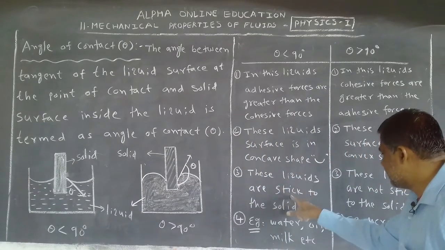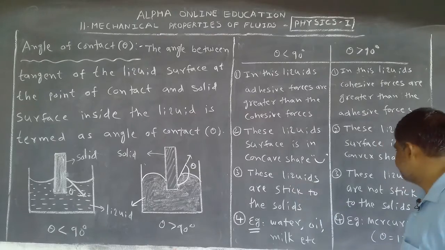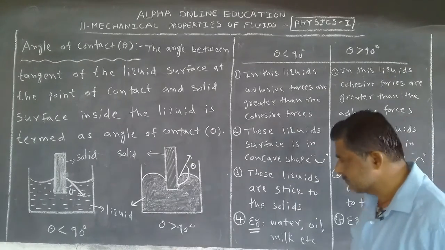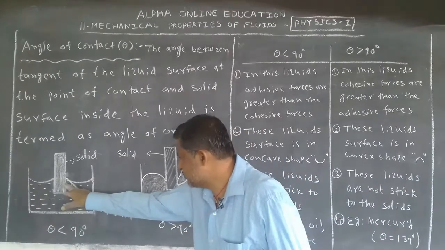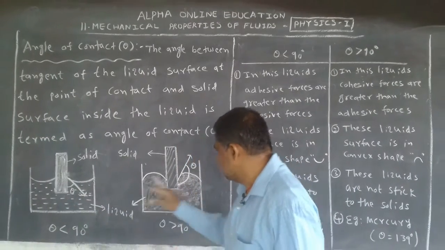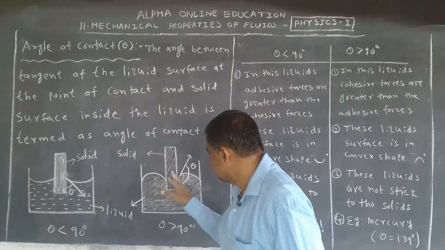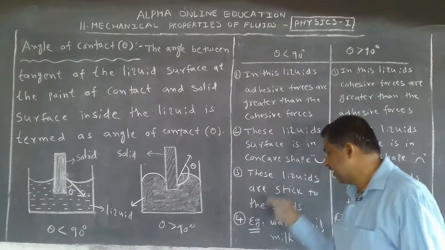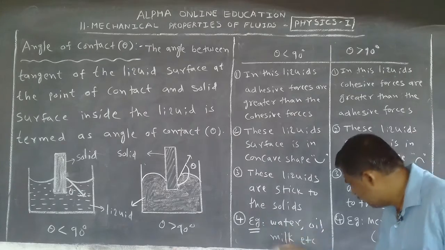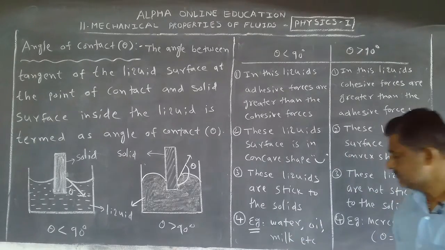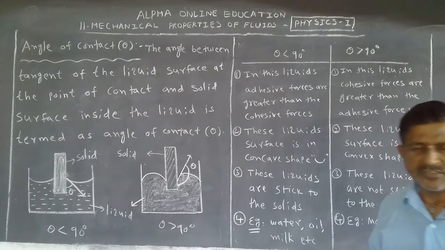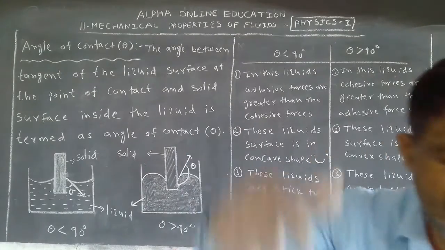Next, another one. These liquids stick to the solids. These liquids do not stick to the solids. What are the examples for these liquids? Water, oil, milk, etc. There are a number of them.